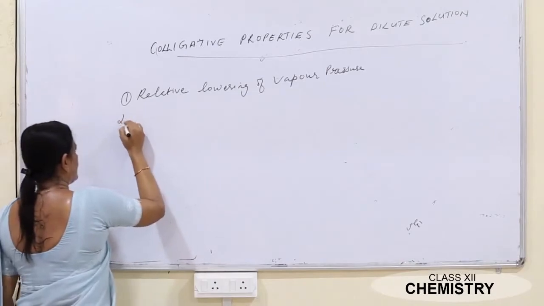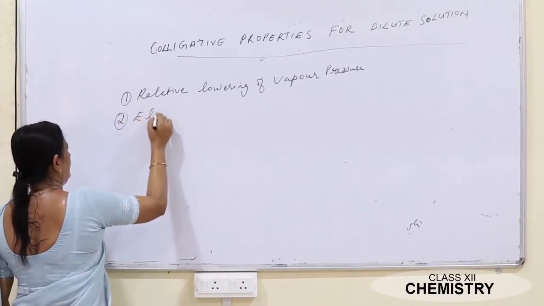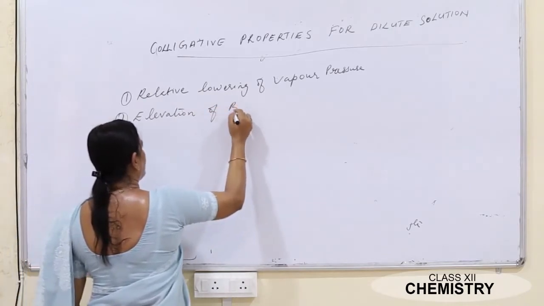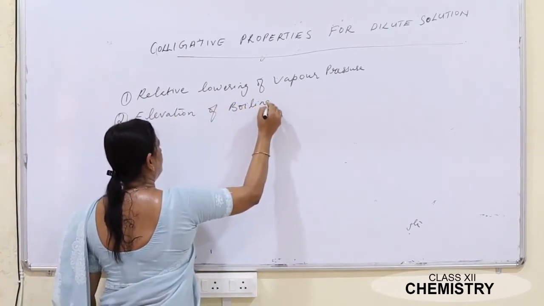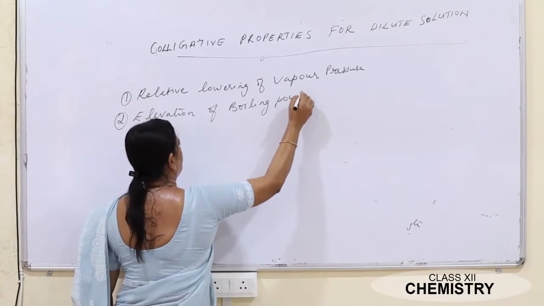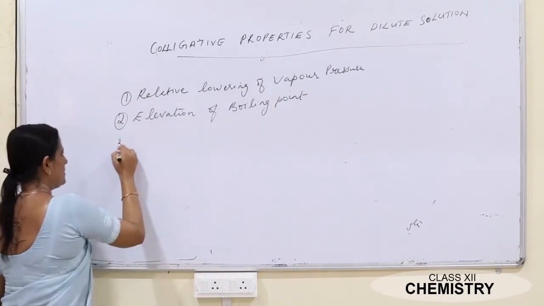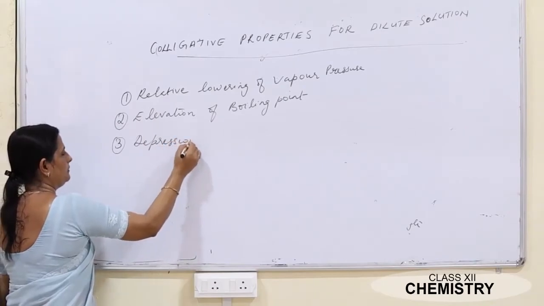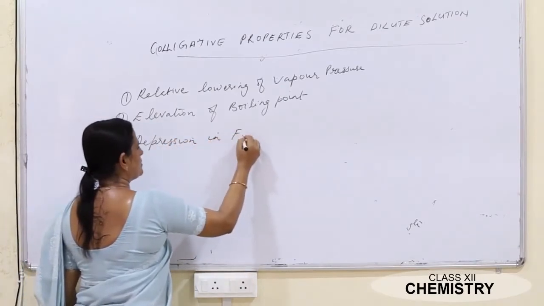The second one is elevation of boiling point. And the third one is depression in freezing point.